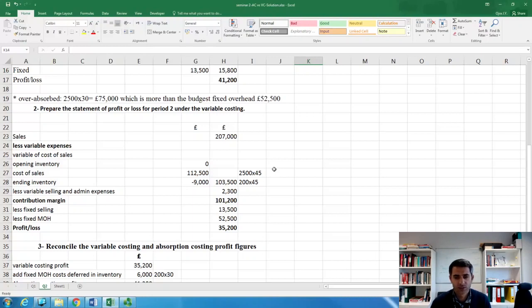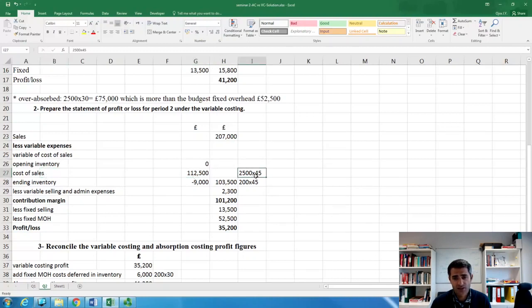If you noted this, so 207,000 sales, no change, easy. And we have opening inventory, nothing. Cost of sales, cost of goods manufactured, easy.